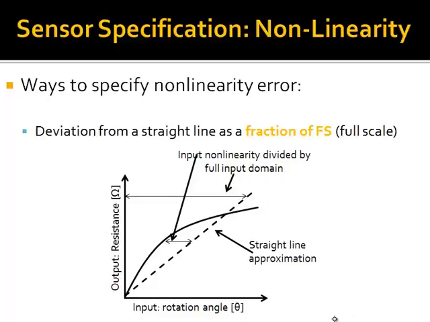For example, if this sensor can measure between 0 degrees and 360 degrees, and if the distance between these 2 lines is 36 degrees, then we would say that the nonlinearity error is 10% FS. That is, 10% of the full scale is nonlinearity error.